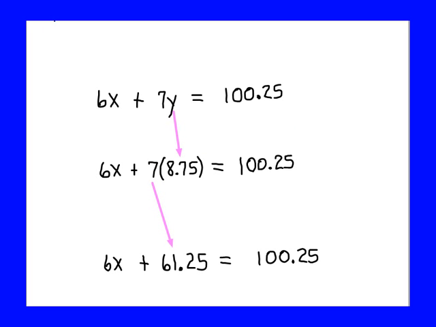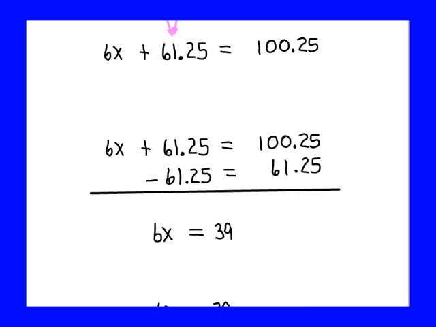Then we multiply these two terms and we get now 6x plus 61.25 equals 100.25. And we know we need to get the 6x by itself. So we need to subtract 61.25 from both sides.